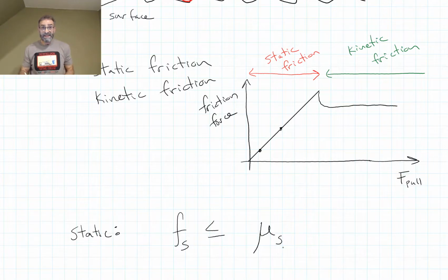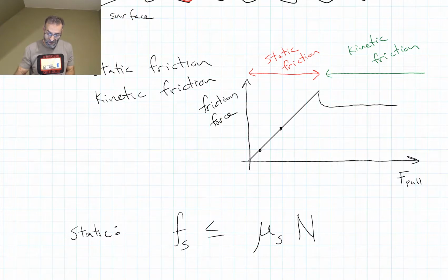What else does it depend on? It depends on how much those surfaces are interacting. How hard are those surfaces being pressed into each other? And what tells us that? The normal force. The normal force is the interaction between those two surfaces, how hard one is being pressed into the other one. So that gives us our maximum static friction force.